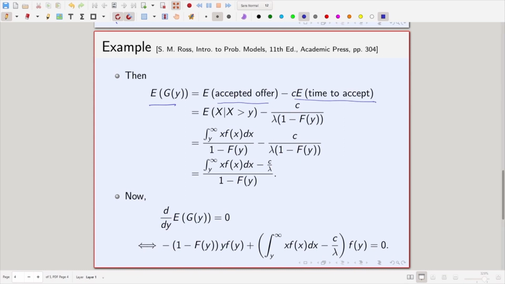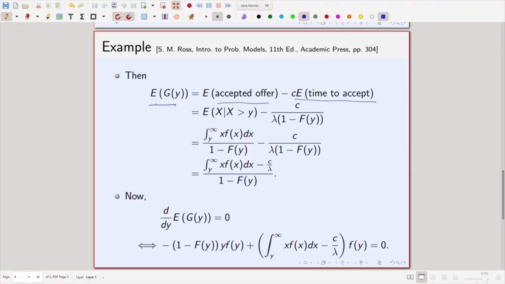Why? Because by selling a house you get a certain amount, but you also incur a loss, which is C times the amount of time you take to sell the house. So, the expected net return is the expected amount you get by selling the house minus C times the expected time to accept the offer.